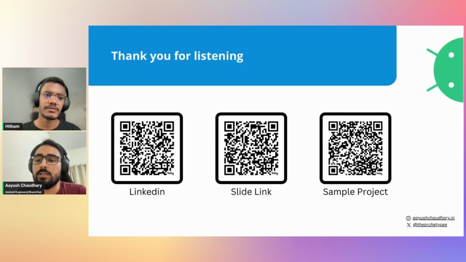Just make sure you do not put a repeat interval of less than 15 minutes, because it will not respect that. It will only run after a 15 minute interval. And you can set those constraints which I talked about while defining your work request.